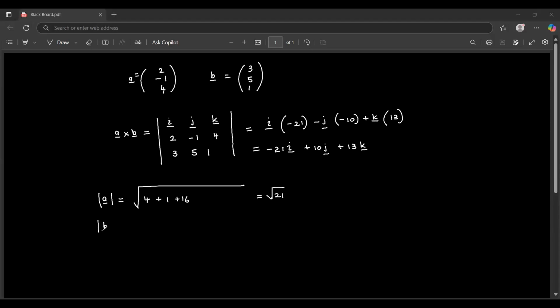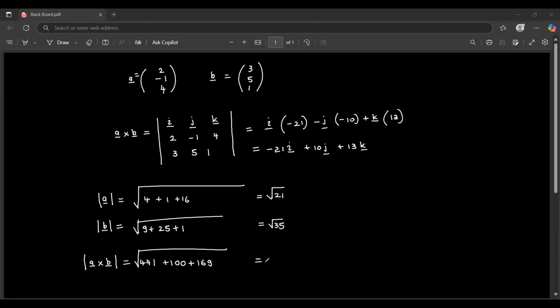Magnitude of B is the square root of 9 plus 25 plus 1, that is the square root of 35. We also know the modulus of A cross B, which will be the square root of 441 plus 100 plus 169, so 269 and 441 gives 710, the square root of 710.